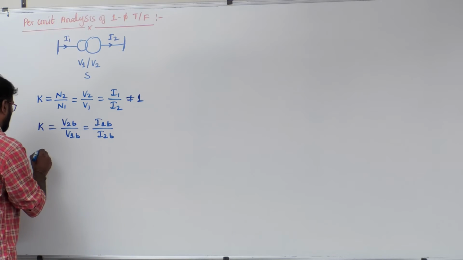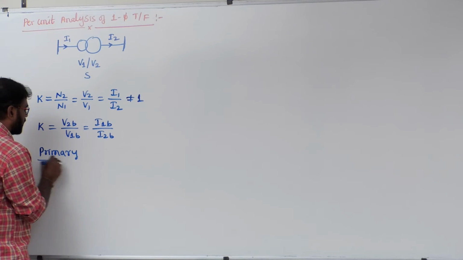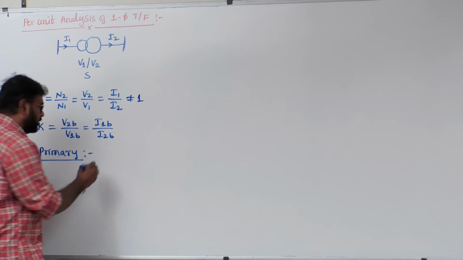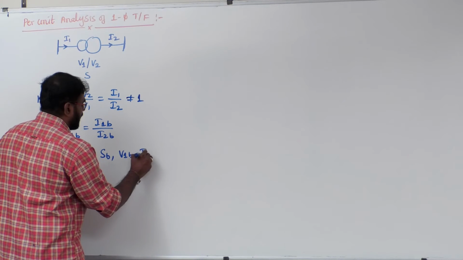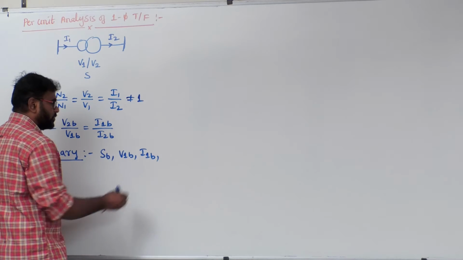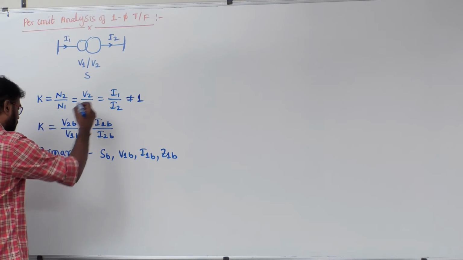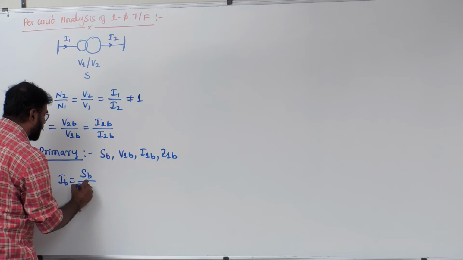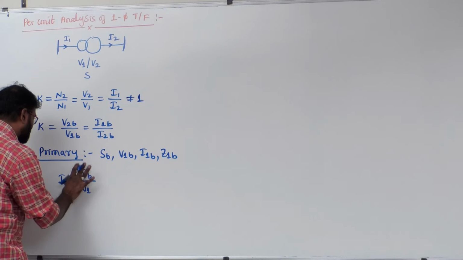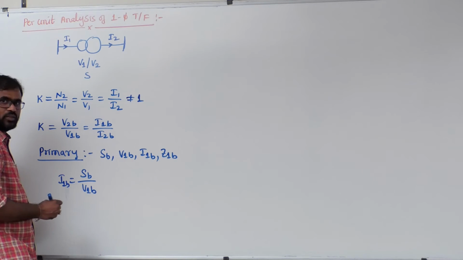Now let's see, on the primary side we will define the base quantities. Tell me, what are the base quantities on the primary side? S base, V1 base, I1 base, and Z1 base. Clear? So I1 base equals S base by V1 base.